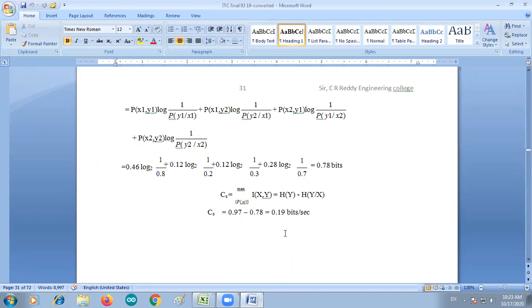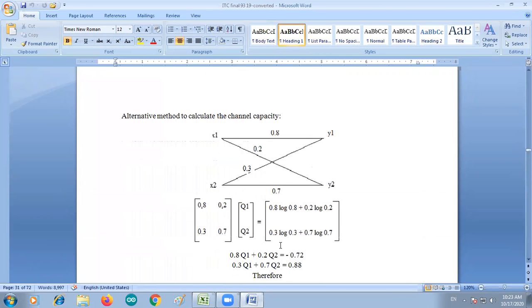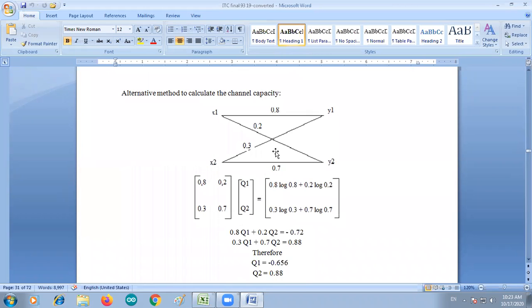So now the same problem we do in the alternate method, that is, arrange the matrix as 0.8, 0.2, 0.3, 0.7 multiplied with the Q1 and Q2 values, that is equal to 0.8 log 0.8 plus 0.2 log 0.2 and 0.3 log 0.3 plus 0.7 log 0.7.